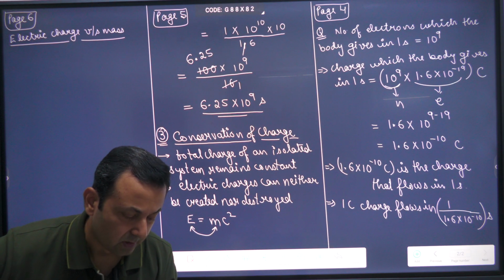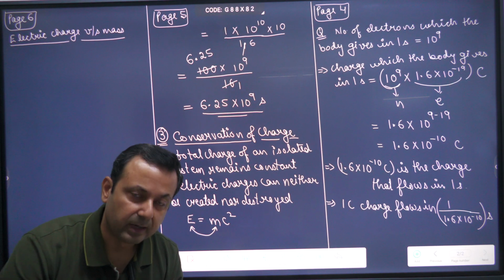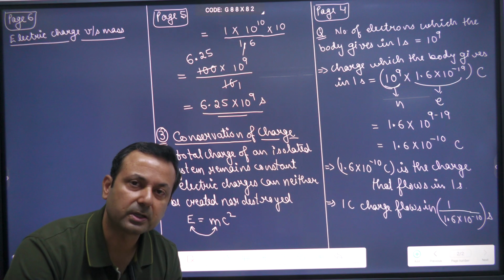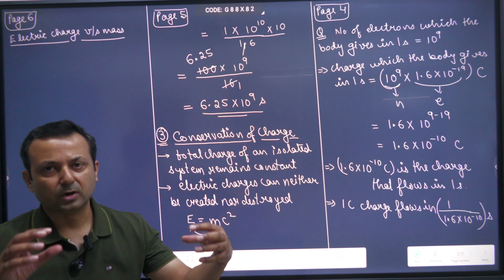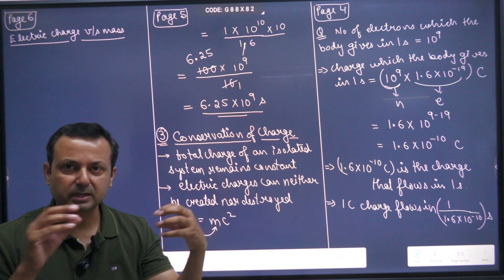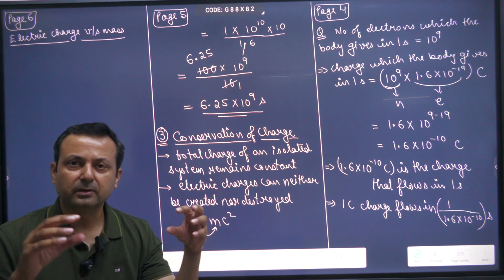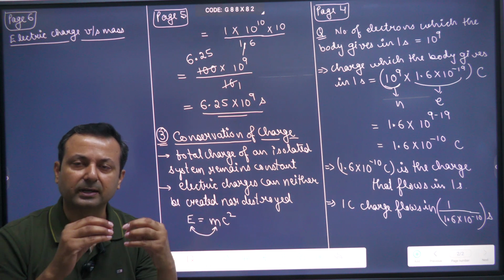Fifth point is electrostatic forces between two charges may be attractive or repulsive. If there are two similar charges, then they will repel each other. If there are two unlike charges, then they will attract each other.